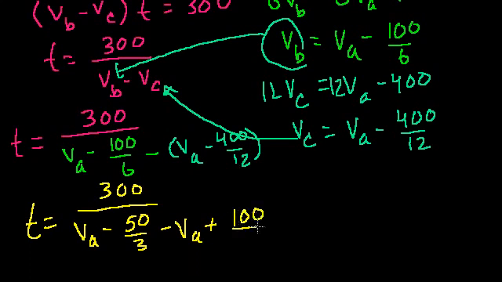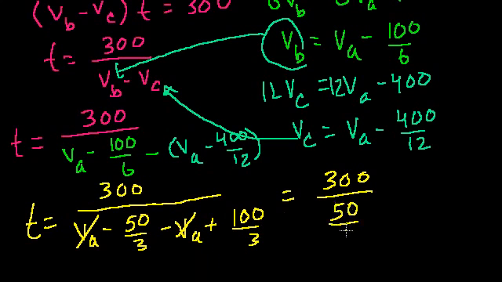Plus 100 over 3. These two cancel out, VA minus VA. So then we're left with T is equal to 300 over 100 over 3 minus 50 over 3, right? Or I could say minus 50 over 3 plus 100 over 3. But either way, that is just 50 over 3, right?